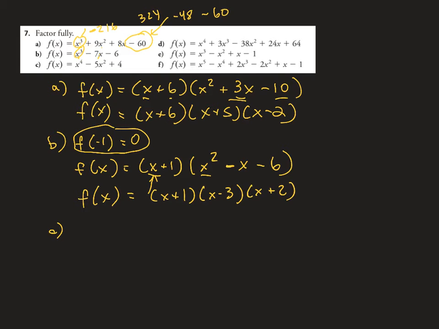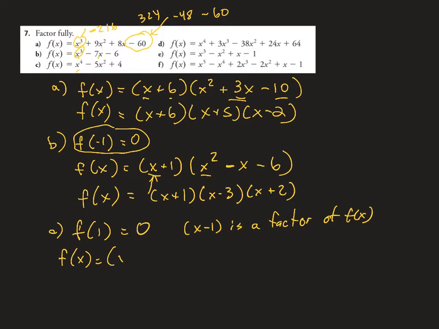Part C. Let's try a 1. That's always a good one. So 1 minus 5 is negative 4 plus 4. Yeah, 1 works. f of 1 equals 0. So x minus 1 is a factor of f of x. f of x equals x minus 1 times x to the power of 3.